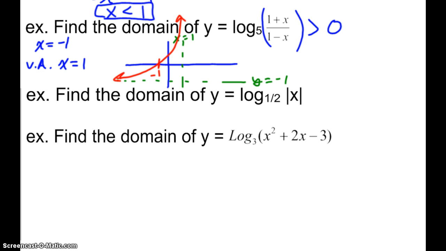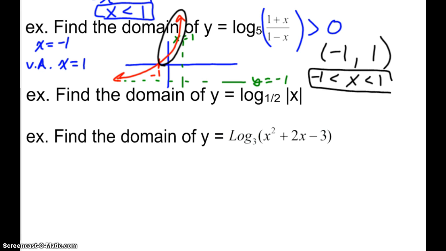So if we're looking at where this function is greater than 0, we see that the function is greater than 0 from there to there. So if we write that in interval notation, that would be from -1 to 1. If we want to write that in set notation, x would have to be greater than -1 and less than 1.